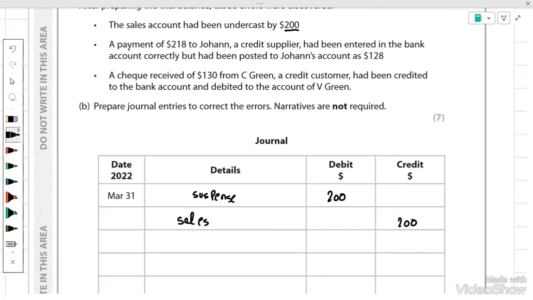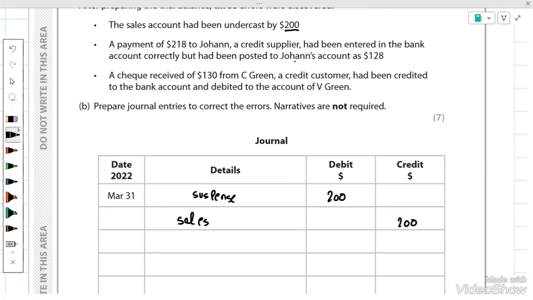Okay, so the second error is a payment of 218 to Johan, a credit supplier, had been entered in the bank account correctly. So you basically paid a check of 218 to Johan, and he is your credit supplier, and you recorded this transaction in the bank column in the cash book, but it had been posted to Johan's account as 128.